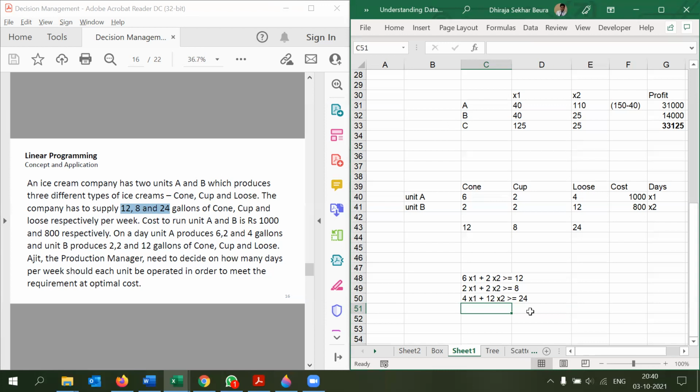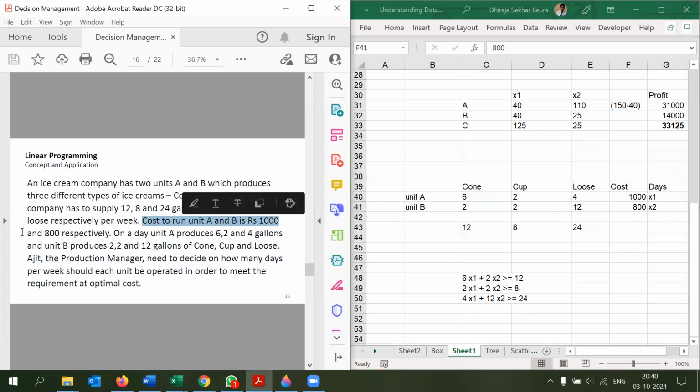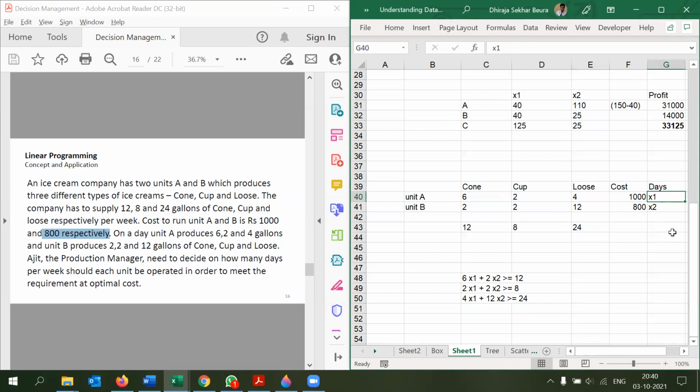Now we know cost 1,800, right? And clearly it is given the cost to run unit A and B is 1,000 and 800 respectively, and this is per day. You assume that it is per day. I'm giving you the information that it is per day only. Now you have 1,000 per day cost for unit A, and your number of days operating unit A is x1.